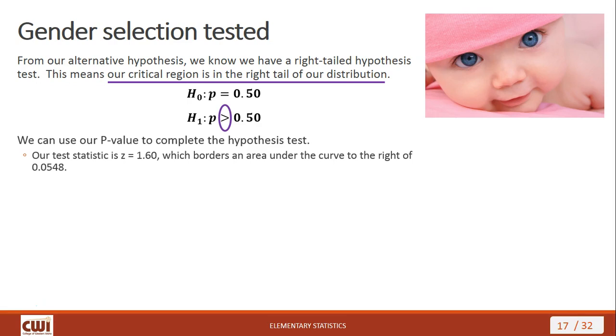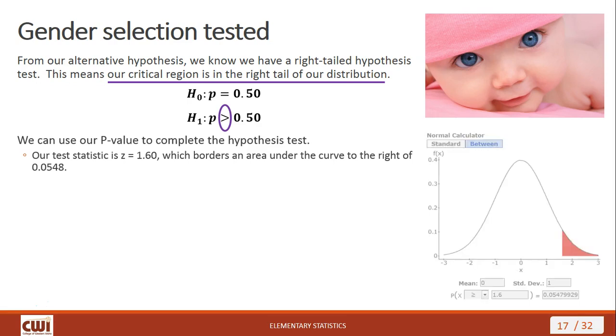But supposing we don't have any sample data, how then do we use the test statistic to get our p-value? Well, we'll simply use our distribution calculator inside StatCrunch. We're looking at proportions. So for proportions, we want to use the standard normal distribution.